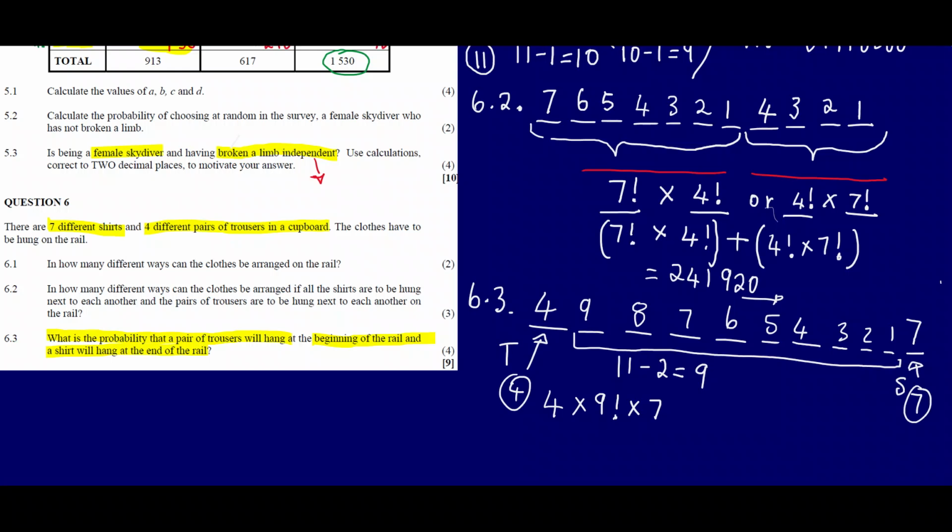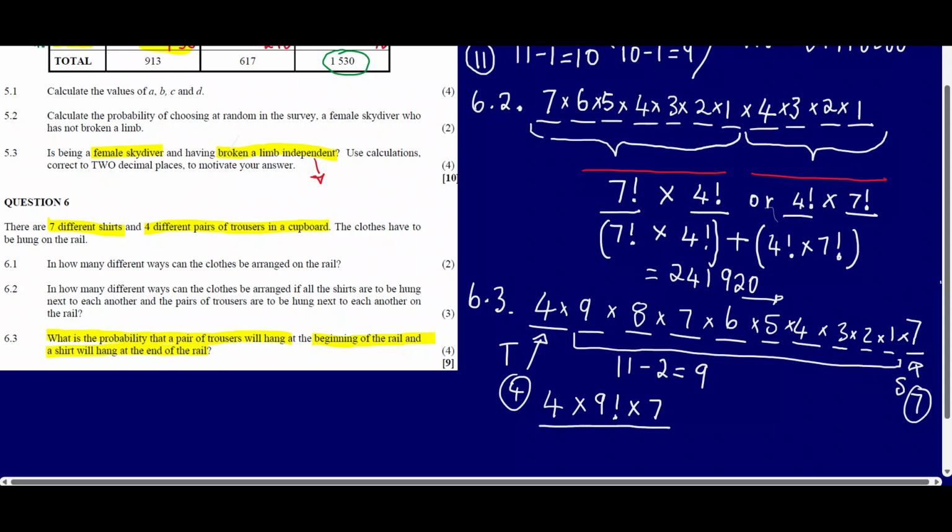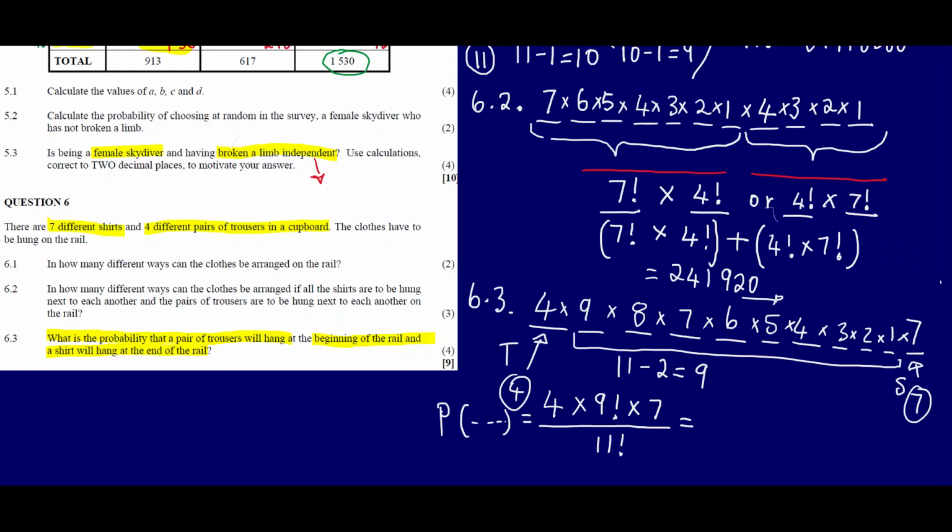The factorial mainly means that you start from that number and multiply down until 1, right? So these numbers are just multiplying, and these ones are also multiplying, right? So the factorial is just the summary of the multiplication. And I think this is your answer, but you must put this over 11 factorial because you want probability.